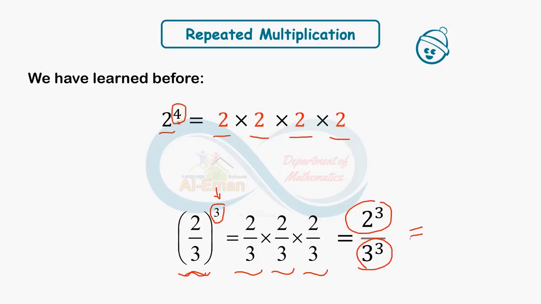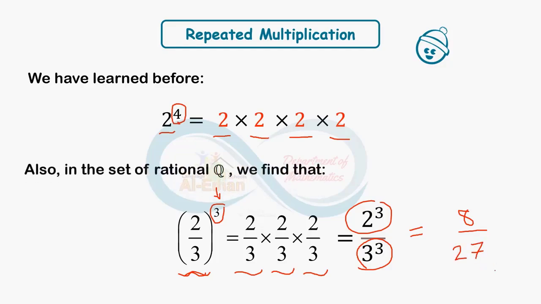It also equals 2 to the power 3, which is 8, over 3 to the power 3, which means 3 times 3 times 3 equals 27. Remember that a number containing a fraction like 2 over 3 belongs to the set of rational numbers.